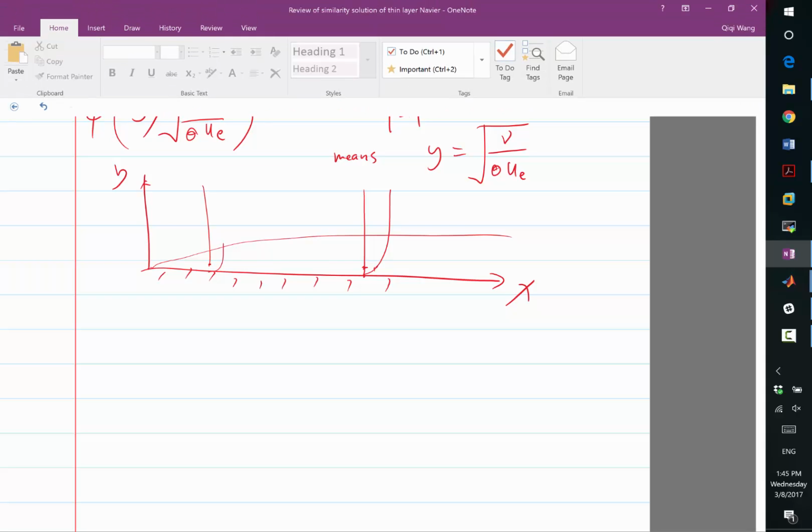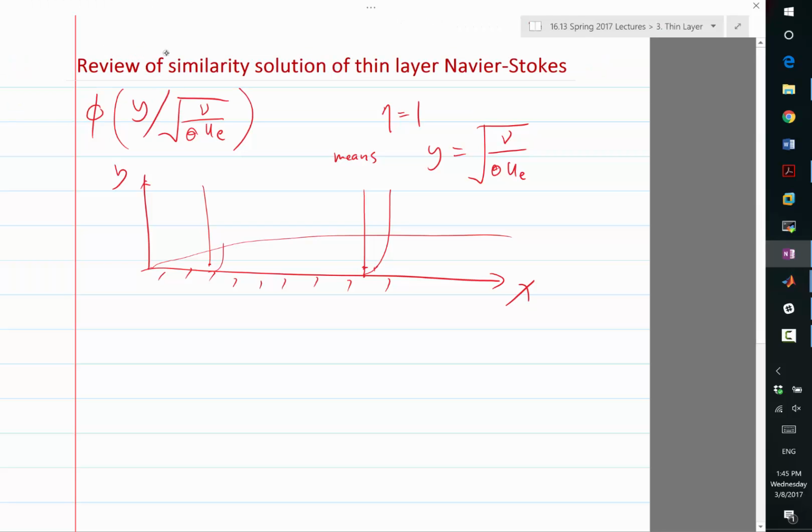So let's say I draw a line where this is the eta equal to 1 line. I actually know that this is the growth rate: y at eta equal to 1 grows like that. Does it make sense?